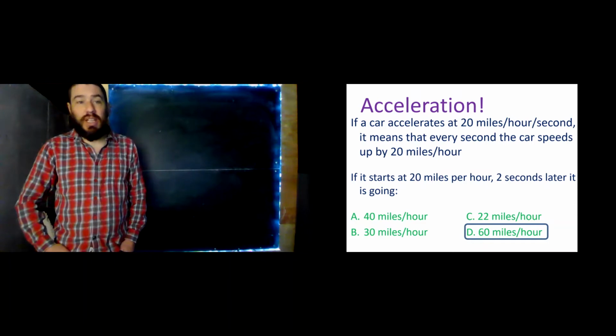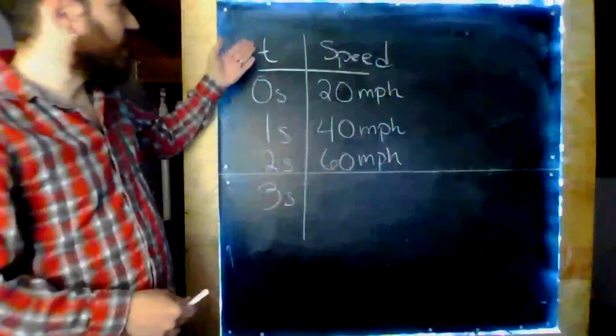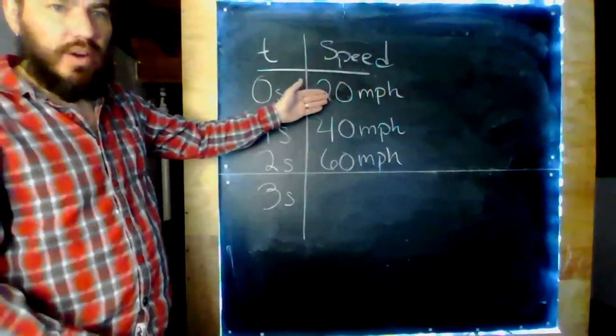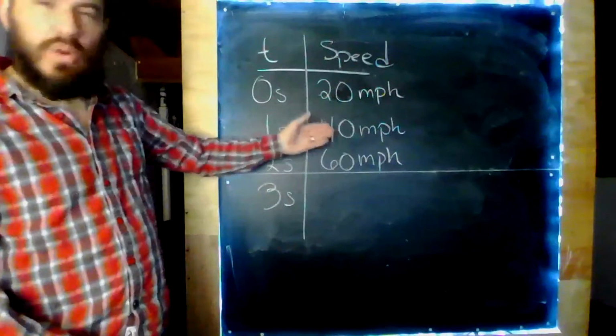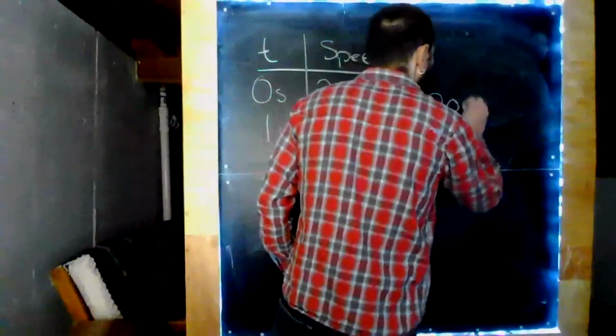We could make a little table if we wanted to. So here I've made a little table. We've got time and speed. At 0 seconds, it was going 20 miles per hour. At 1 second, it was going 40. And at 2 seconds, it was going 60. Notice that the difference here is always 20 miles per hour.